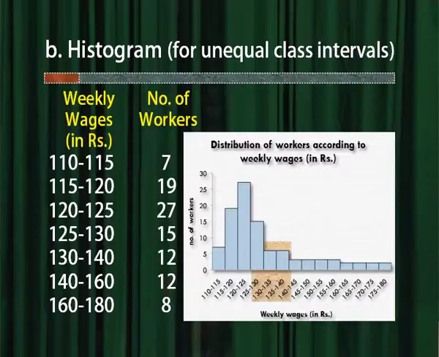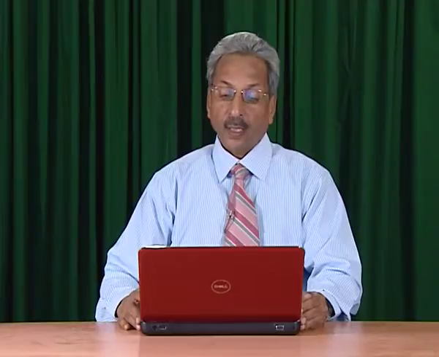The first class will range from 130 to 135, and the next class will range from 135 to 140, and the frequency 12 will be equally distributed to these subclasses, that is, the frequency of the subclass 135 to 140 will be 6, and also for the class 130 to 135 it will be 6. This way, for other classes also, we divide the frequency into subclasses and then draw the histogram as we did in the previous example.